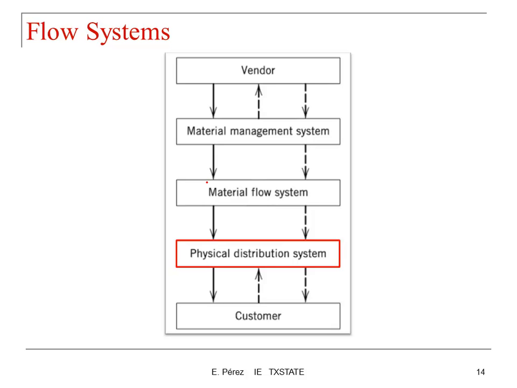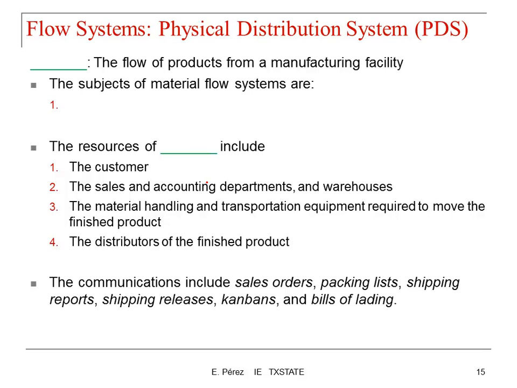And now we move to the third one, which is the physical distribution system. And the physical distribution system is the flow of products from the manufacturing facility. So now you have your finished goods, you have your finished product, now you want to move that to the customers.